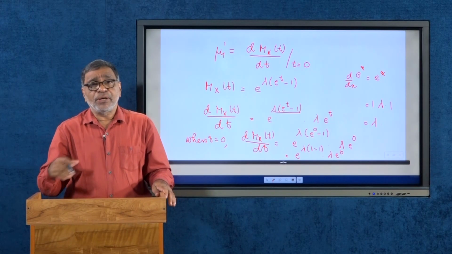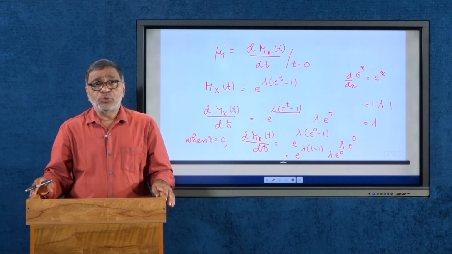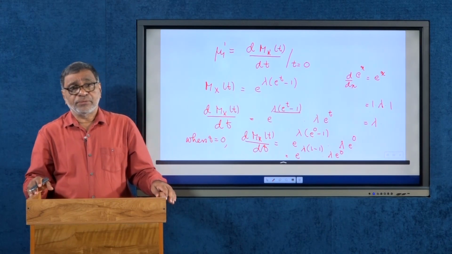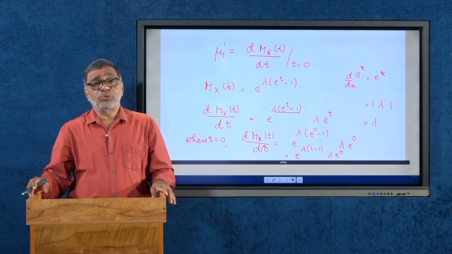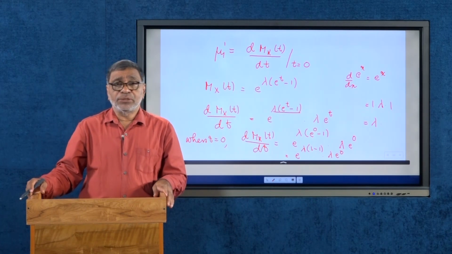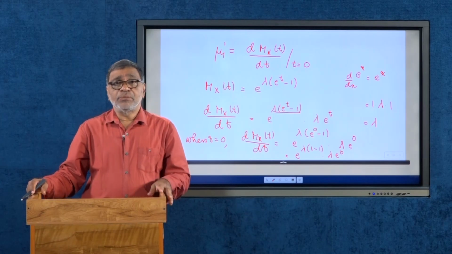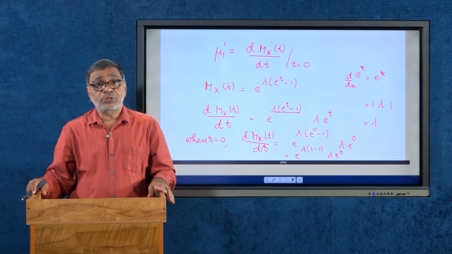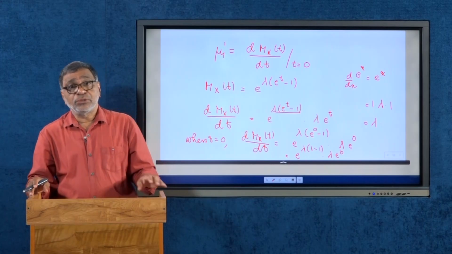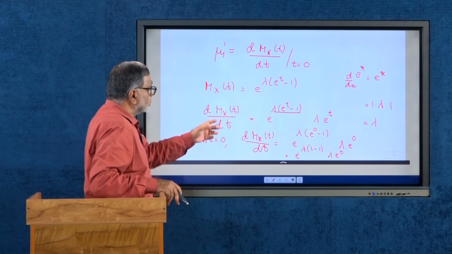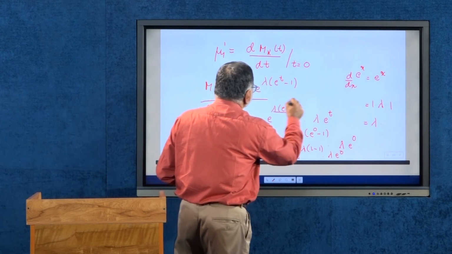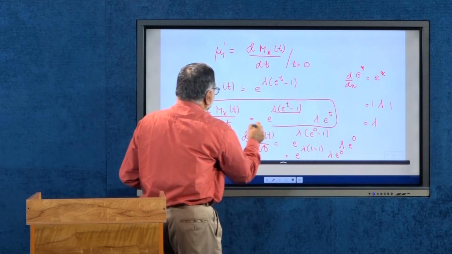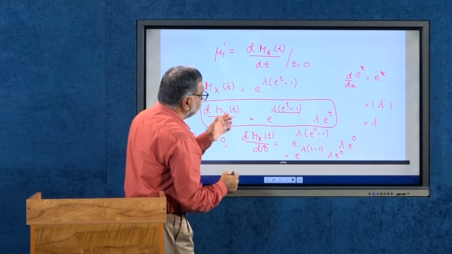But here we are finding the mean using the moment generating function. Suppose you are finding the second arbitrary moment using the moment generating function, we have to differentiate the moment generating function 2 times with respect to t. This is the first derivative, and again you differentiate.